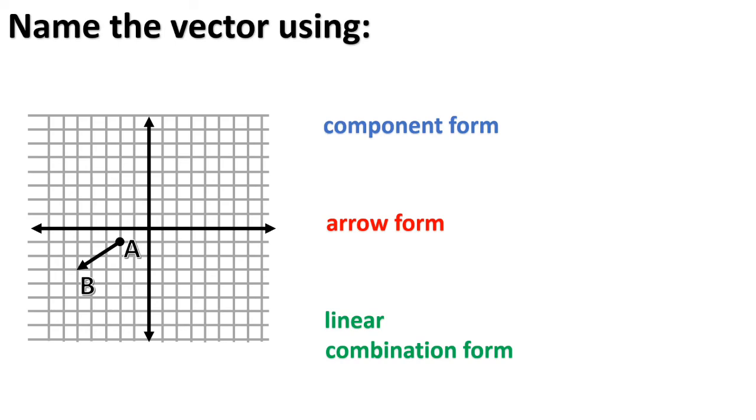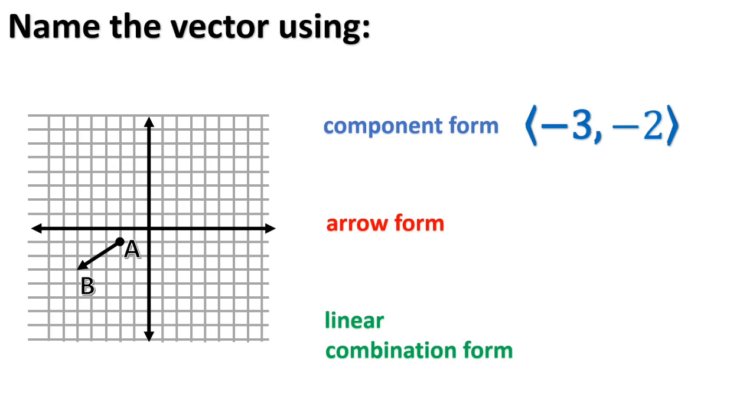Here we are starting with the graph of a vector. We want to write the name of the vector using all three notations. Let's start with component form. We want to start at the tail A. To get to the head B, we would need to move left 3, then down 2.